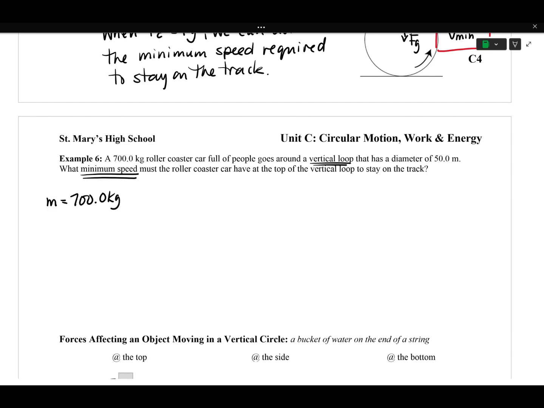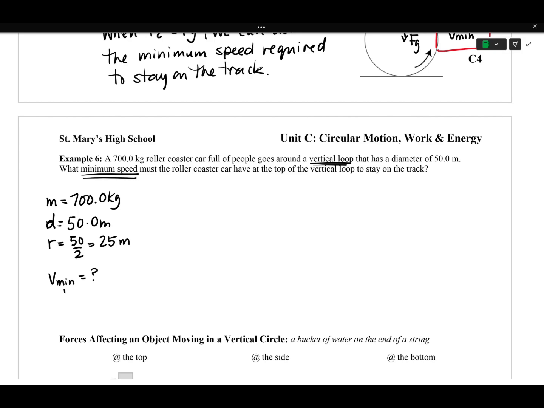First we know mass, 700.0 kilograms, right unit. Oh, sorry, the diameter is 50 meters. The radius is what we're going to want, which is 50 divided by 2, so that will be 25 meters.